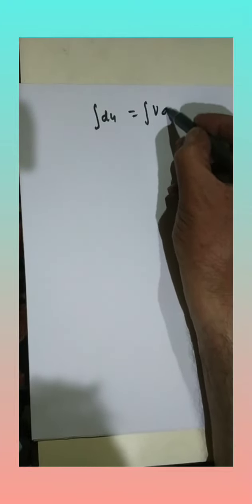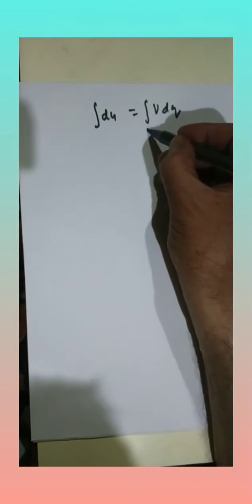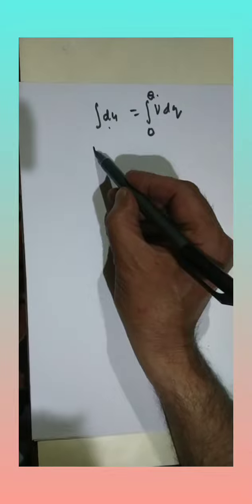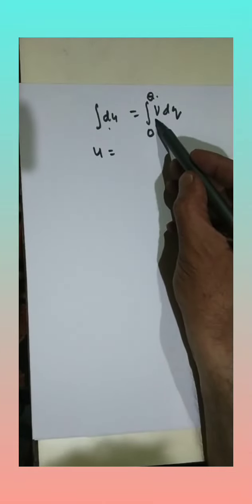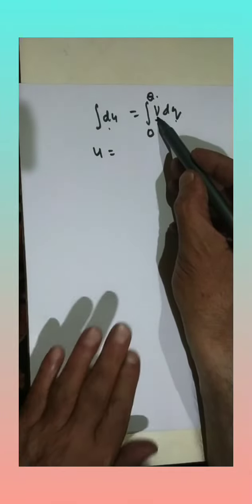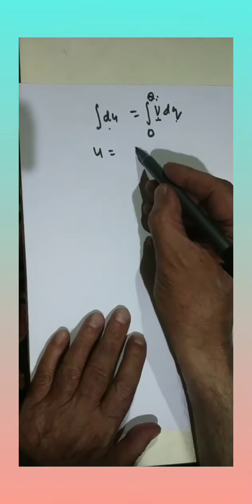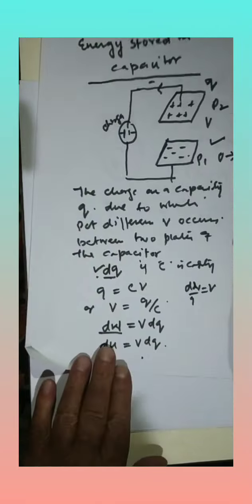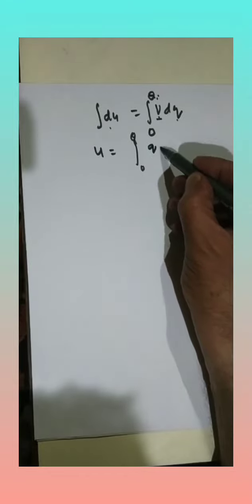So we will get integral dU is equal to integral V dQ, charging between 0 to Q. Now this is equal to U, but here we have a variable V and also Q. We will change this into the charge Q. Now from this we have already found that V is equal to Q by C. So we will write it as Q by C dQ.